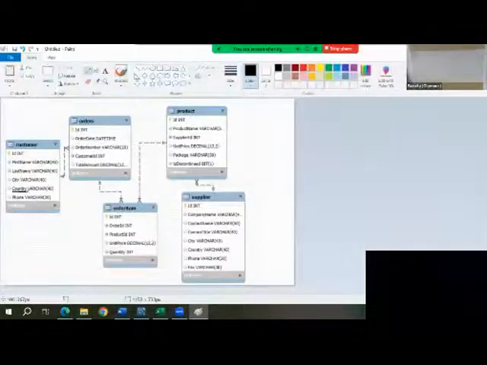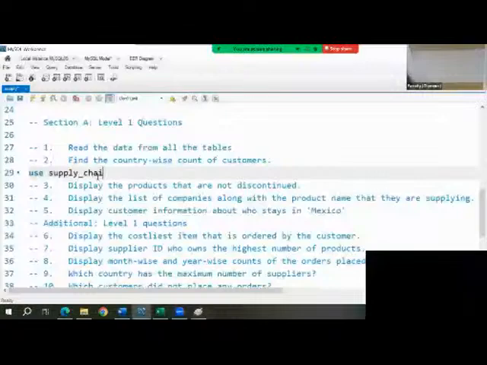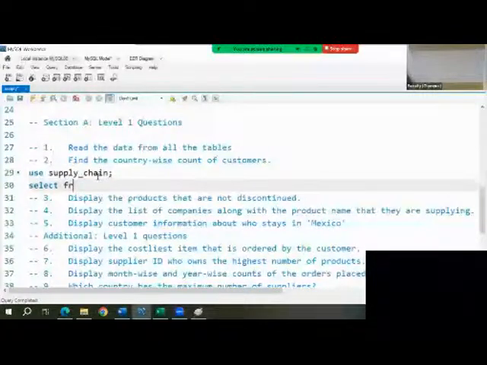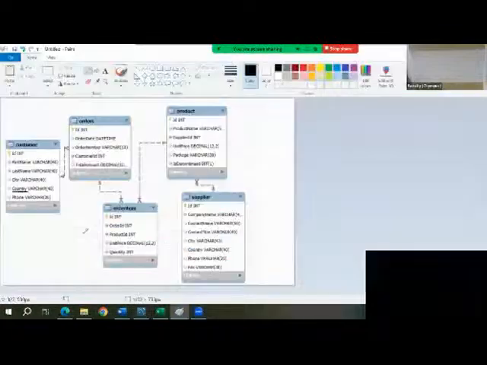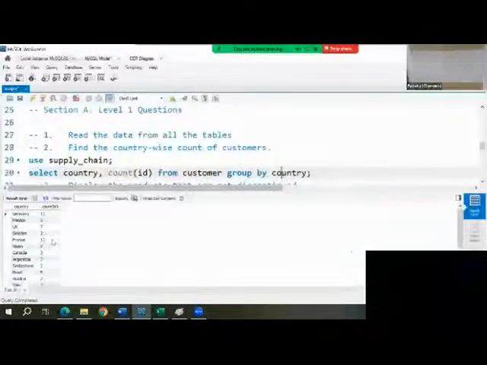So country wise count of customers. There's no need for any join here, right? I can do it directly in one table, inside customer, and there is no need for any joins. So I can just say select from customer group by country, right? So I have to group by. Can I just count ID? Okay, count of ID, that's all. This is a very simple question, so nothing to do here.